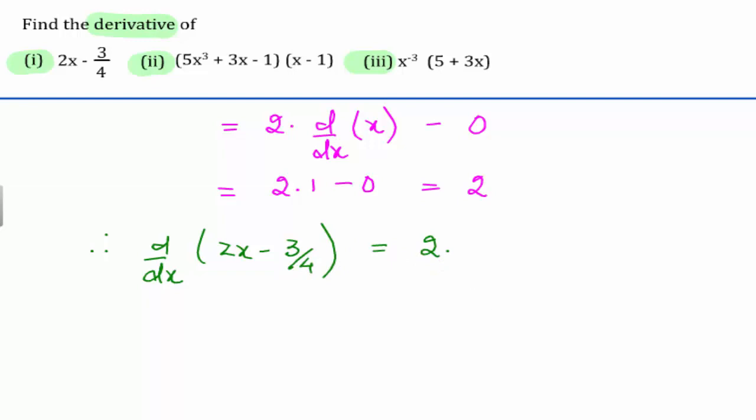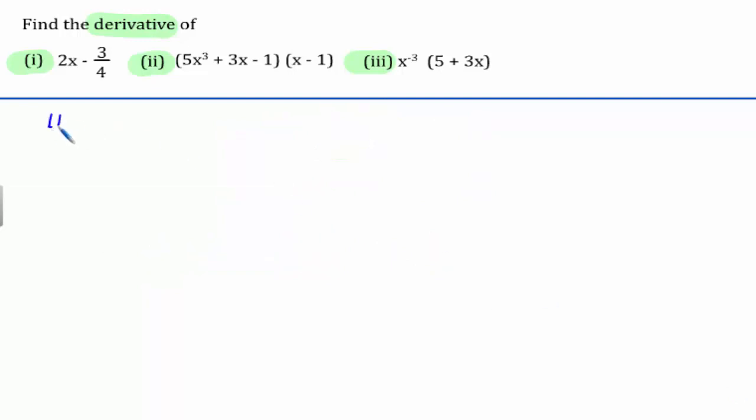Now let us find the derivative of the second function, defining the second function by h x. So h x is equal to 5x cube plus 3x minus 1 into x minus 1.